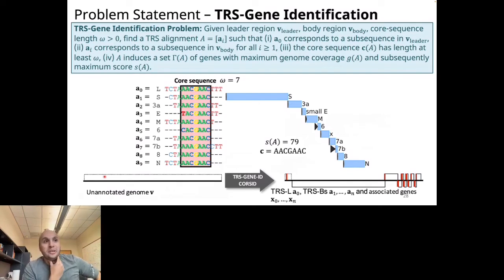This is something you can exploit. You can search for the first two ORFs, where the first ORF intersects with the second ORF, there's a frame shift of -1, and together they span more than half of the genome. You can do this very easily in polynomial time, and this splits your genome into two parts, a V leader and a V body. That's essentially what's happening here.